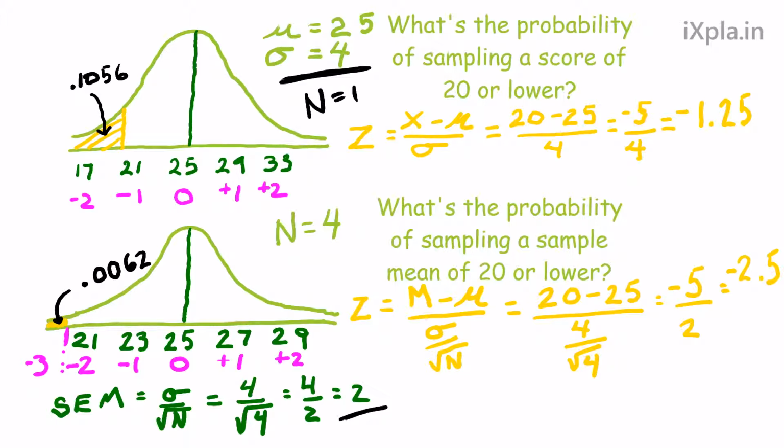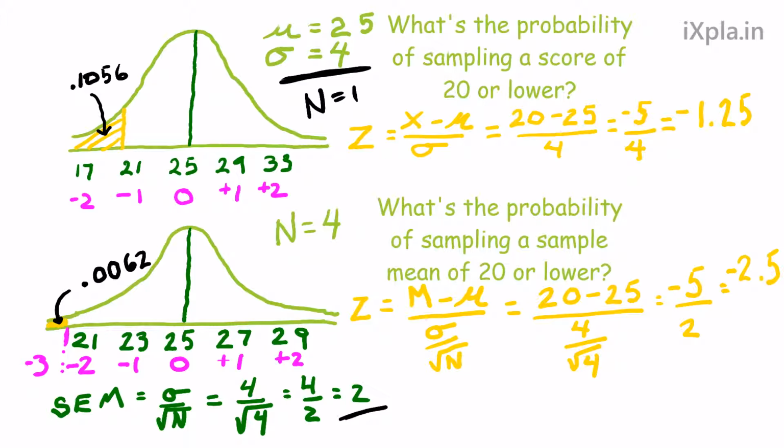We're taking 1 score, right? If you just take 1 score, between 10 and 11% of the time, you're going to sample a score that's 20 or below. But when you increase the sample size to 4, you're going to cut the sampling error in half. It was 4 and now it's 2.